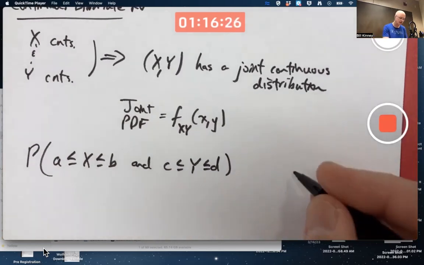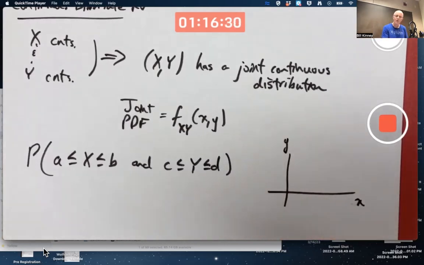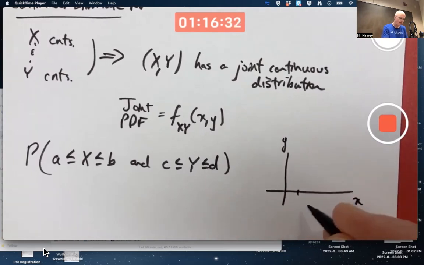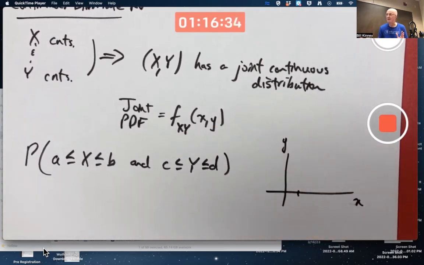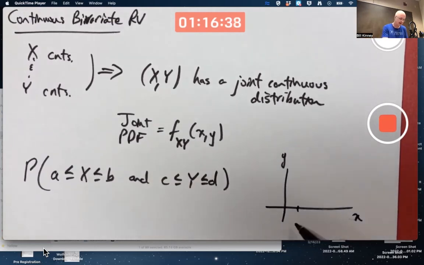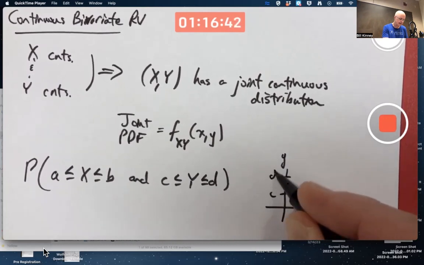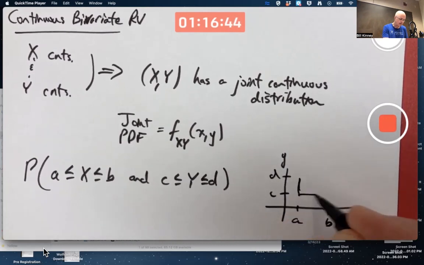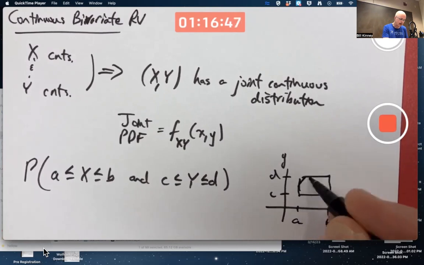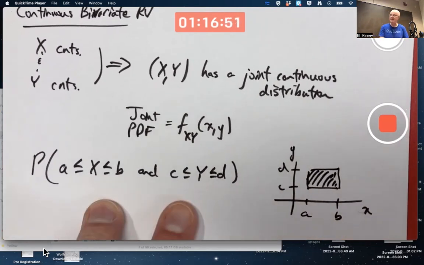Effectively, geometrically, we are thinking about a rectangle of values that this joint random variable can take on. X goes from a to b, Y goes from c to d. This rectangle in the plane is a way to visualize this event.